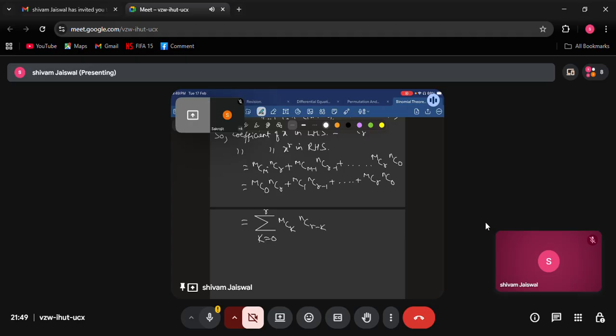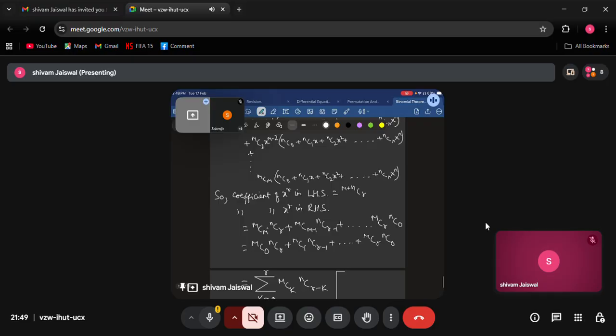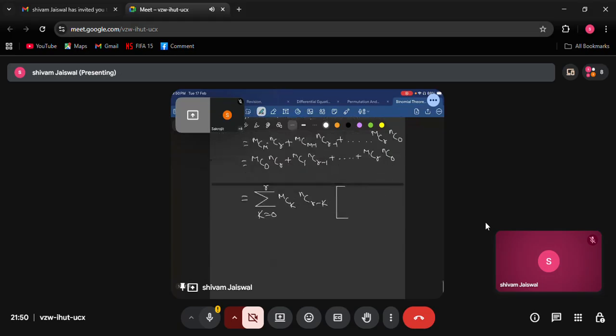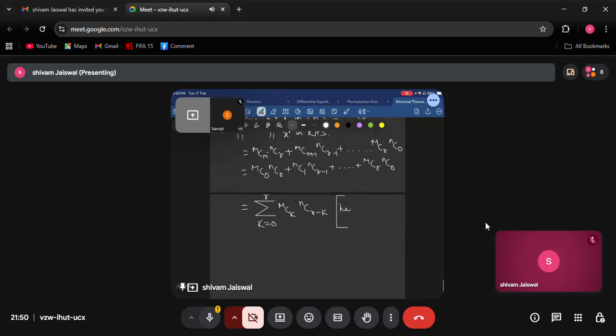Hence proved. Tell me, have you understood both the proofs, both the methods? I've done both methods because the strategy of proving in the second method is important for some binomial series proofs. Is there anyone having any doubt? You can ask me now.